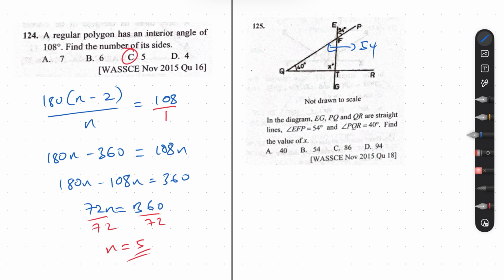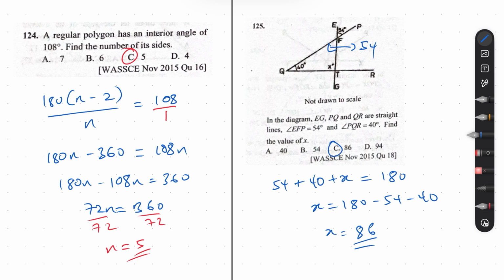So 54 plus 40 plus x should give us 180. So x will give us 180 minus 54 minus 40. So x should give us 86. Okay, cool. So our answer is what? 86, which is C. All right, cool.